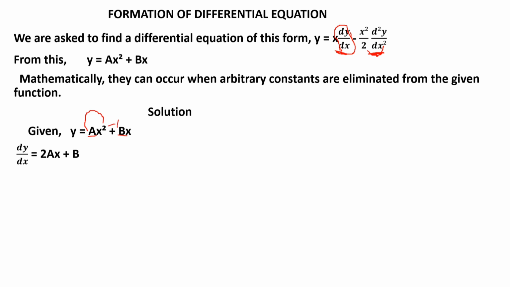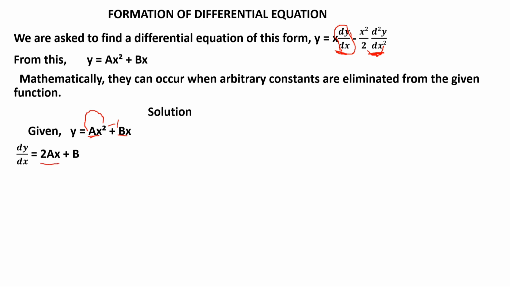So that will be 2 times ax. Then if I subtract 1 from the power, that will be 2 minus 1, which gives us 1. So that will be 2ax raised to the power of 1, and x raised to the power of 1 gives us x.